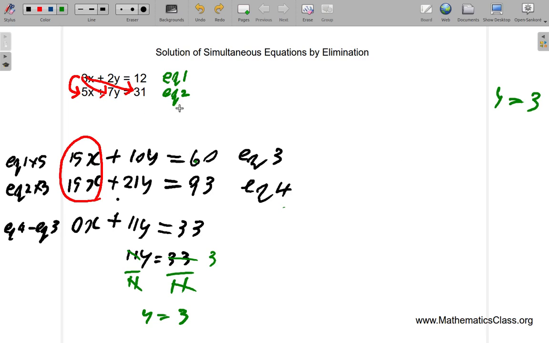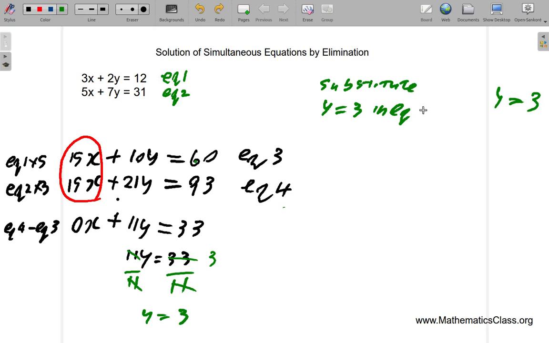Let us look at how we find x now. Let's put the value for y in one of these equations. We substitute y is equal to 3 in an equation. Which one should we use?